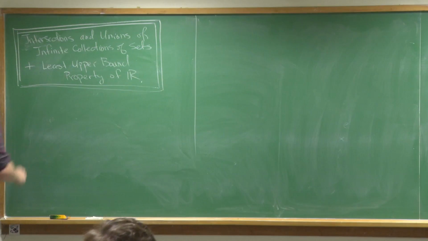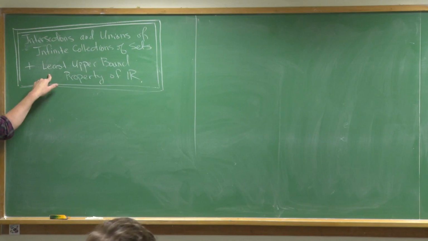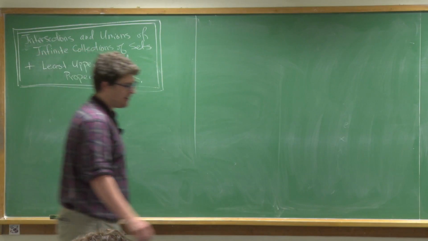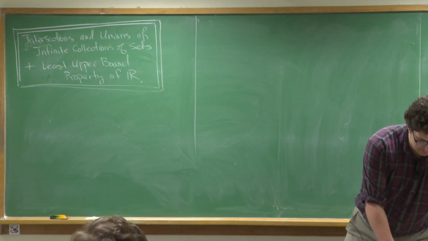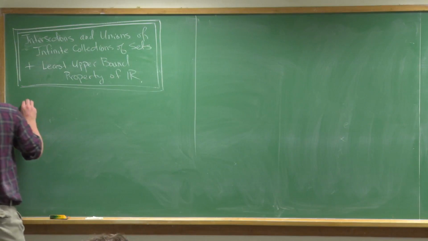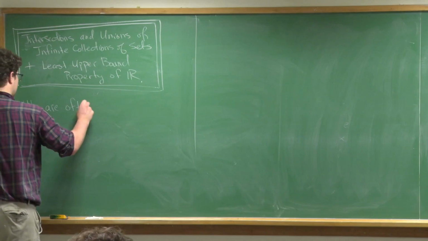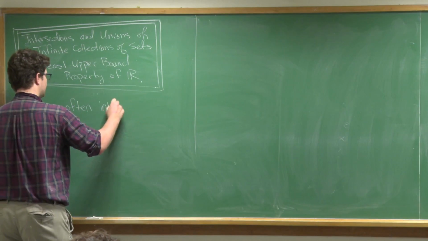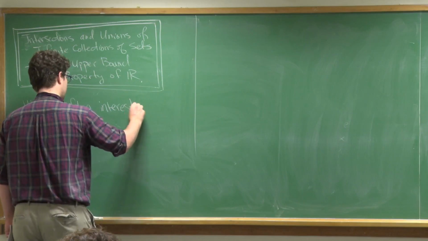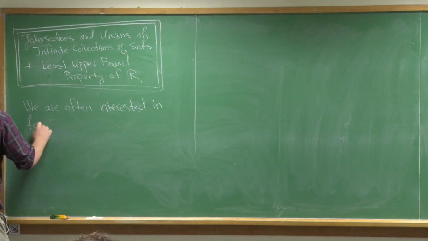So I wanted to just talk about intersections and unions of sets, but in the last class, I ended up talking a lot about this. So then I just got to throw this into the title. Okay, so often we're going to consider families of sets. So we are often interested in families of sets.